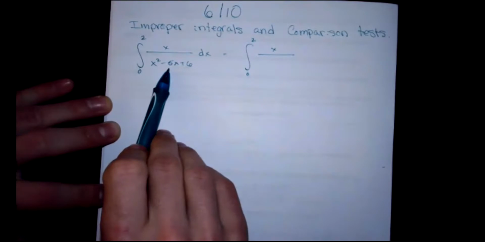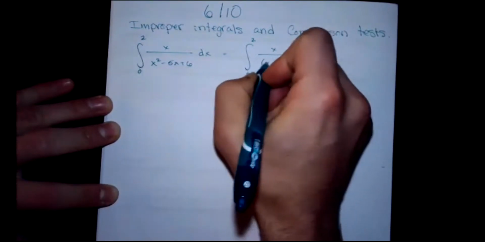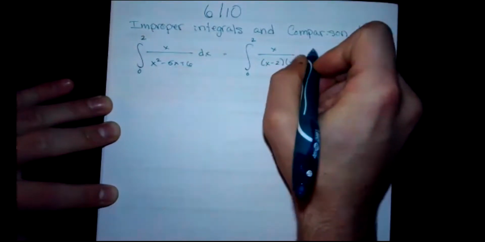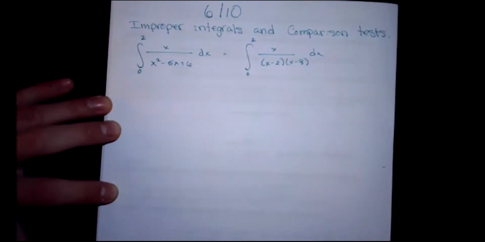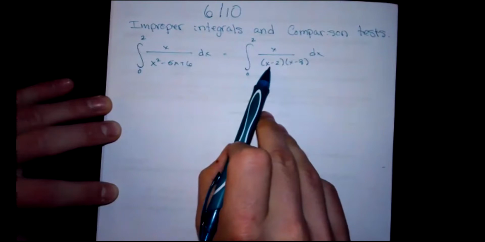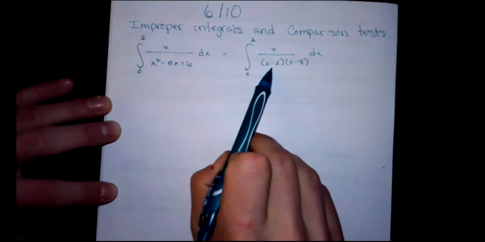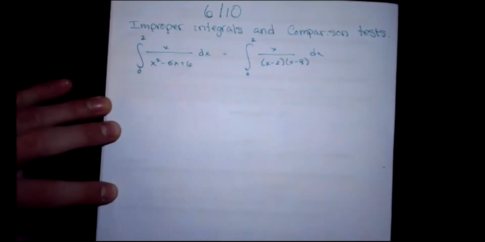Those add to 5, and so we need x minus 2, x minus 3. When we factor it, we see this function is going to blow up because I'll have a 0 in the denominator at 2. So there's going to be an asymptote at 2, and I have to integrate up to 2. So we know this one is improper just because of that.